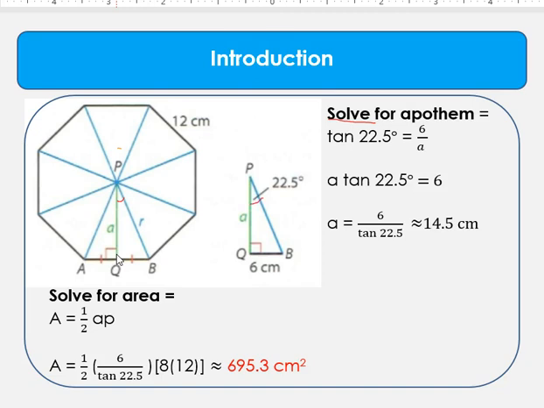So we'll take P and we'll be solving for what information we have. Well, we have opposite over adjacent on the sides. Opposite over adjacent is tan. So tan of the angle 22.5 equals 6 over A, the A being the apothem.